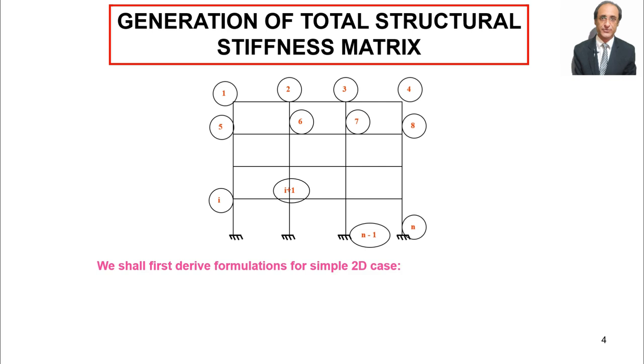Let's see how we generate the total stiffness matrix of the structure. Just by standard formulations, we have generated the stiffness matrix of an element. It could be a beam, a column, or a truss member. Now we have to generate the entire stiffness matrix, but not using the matrix stiffness approach, without any human intervention.